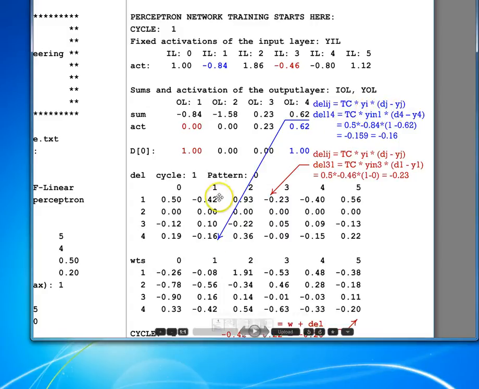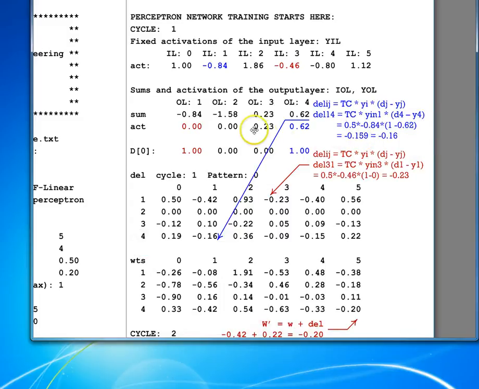In this particular case, i is 1 and j is 4. Therefore, delta of i4 equals tc times the source yn of 1, times the destination d4 minus y4, the computed value.